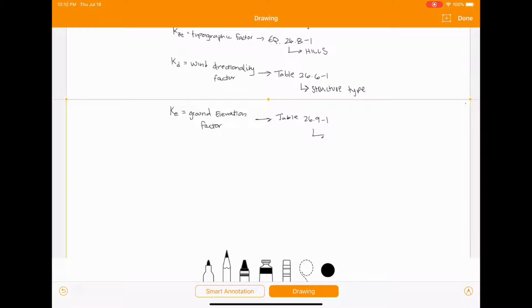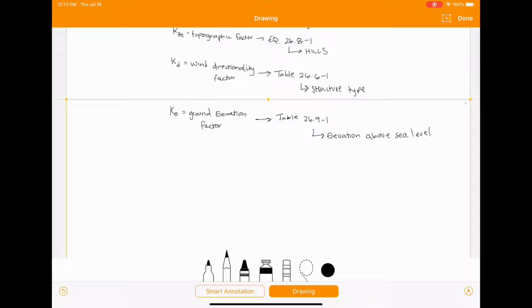Just what that sounds like, it's based off of the elevation above sea level where your structure is being built.